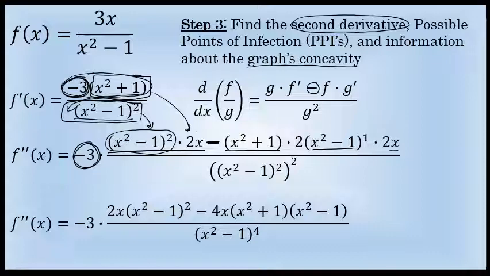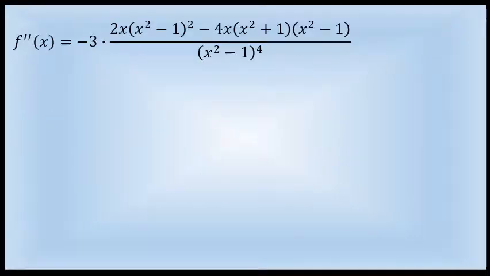And in the second term after the minus sign, I'll multiply 2 and 2x to get 4x, and write that before the quantity x squared plus 1 and x squared minus 1. In the denominator, I had x squared minus 1 squared and then squared that. I'll be multiplying these exponents to get x squared minus 1 to the 4th.